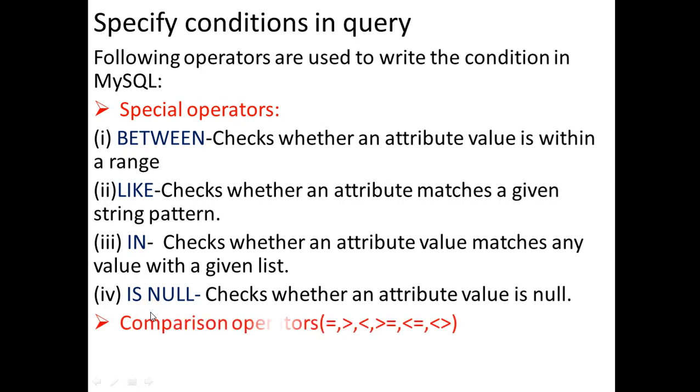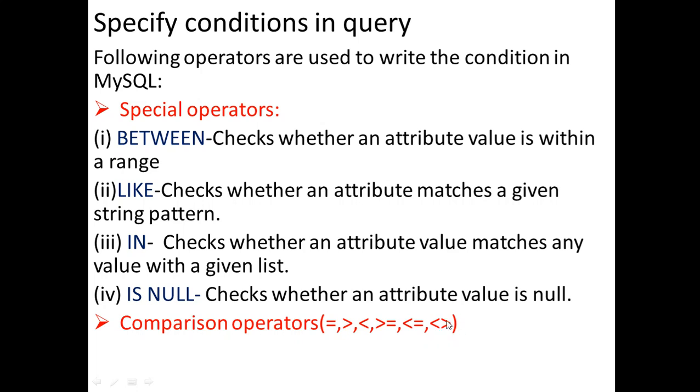Along with that, there are more operators like the comparison operators, or you can say the relational operators: equal to, greater than, less than, greater than or equal to, less than or equal to. And this is the notation, or you can say the symbol, which is used for not equal to.